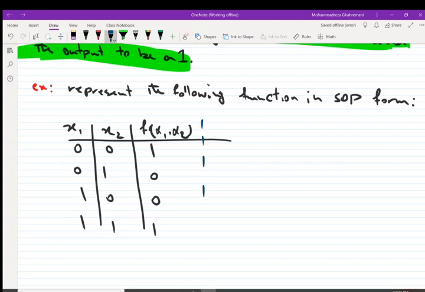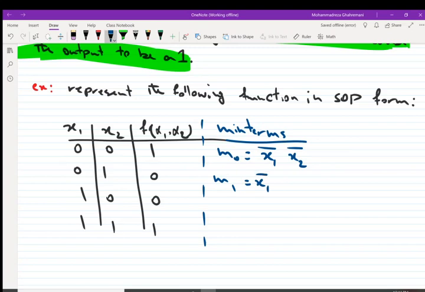The first thing we should do here is expand the table and write the minterms. The minterms, of course, m0 is equal to x1 bar, x2 bar. m1 is equal to x1 bar, x2. m2 is equal to x1, x2 bar. m3 is equal to x1, x2.